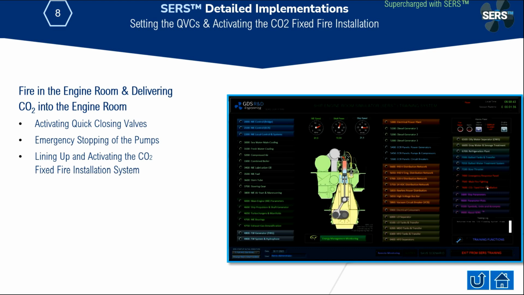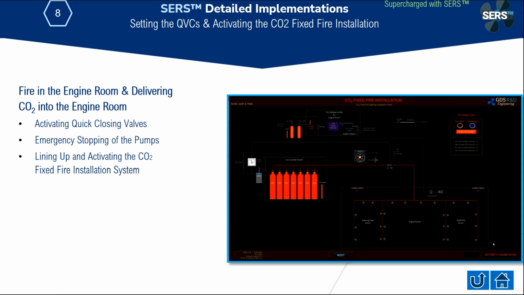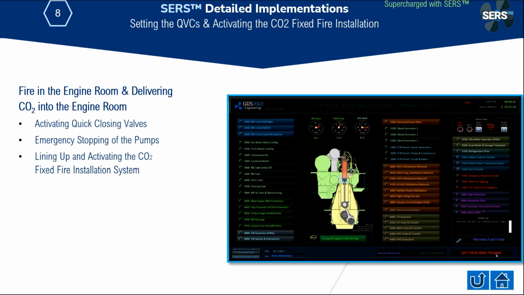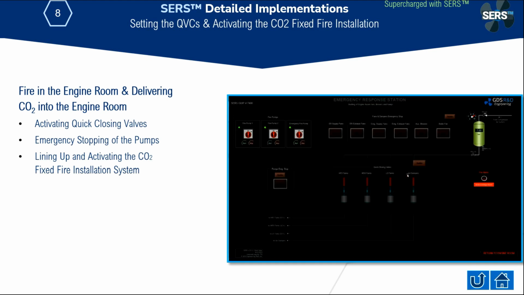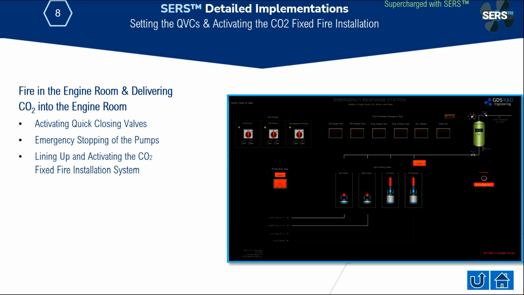Still, this shows that this part of the software is enhanced with some animations and additional simulations. For example, here, before the CO2 actually goes into the engine room, you must, of course, turn off all the pumps, and the quick closing valves must be closed remotely from the emergency response station.